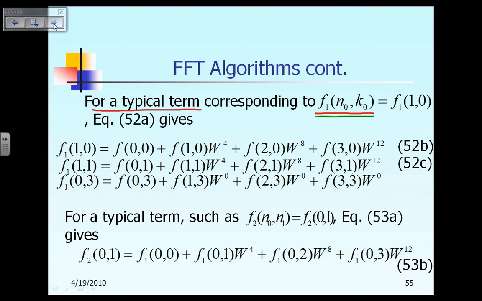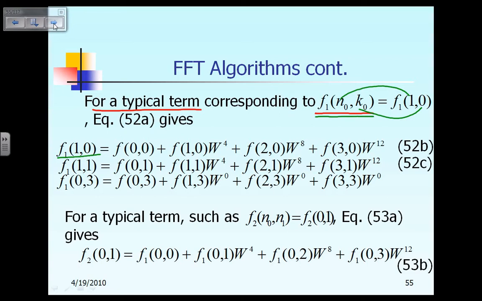If you let specifically n0 equal to 1 and you let k0 equal to 0, then what you have will be equation 52b. That's what you got, equation 52b, when you let n0 equal to 1 and k0 equal to 0.